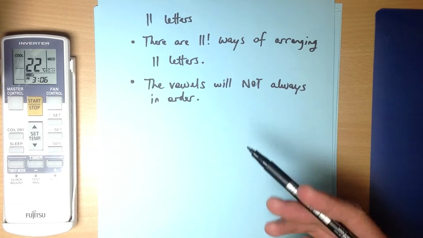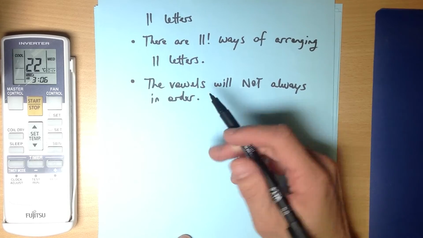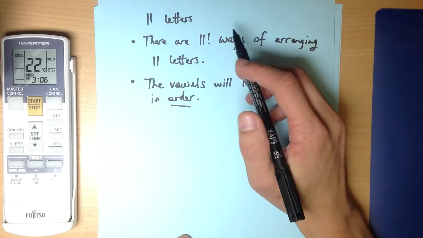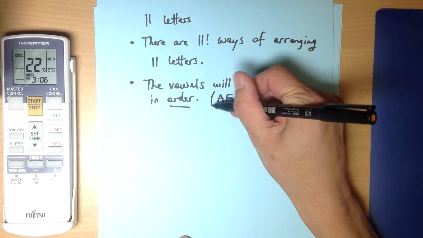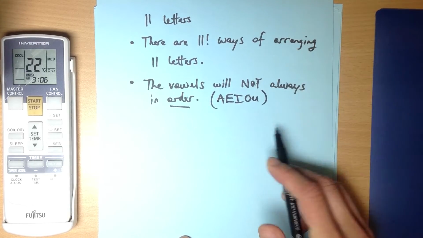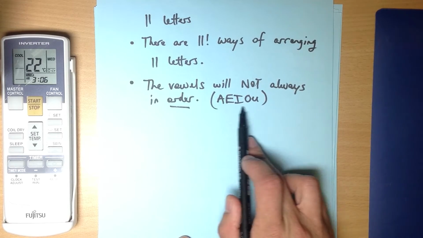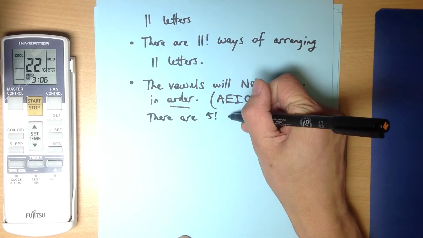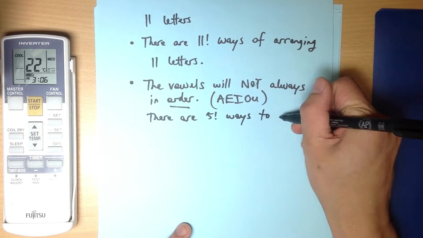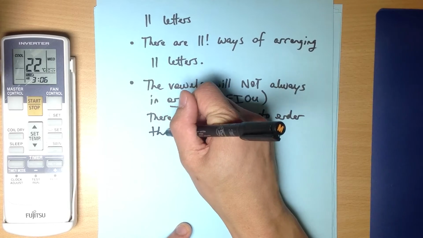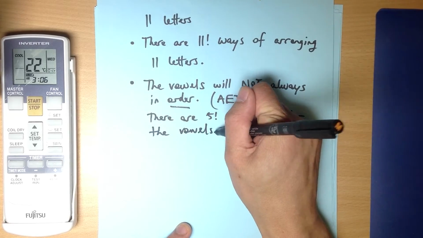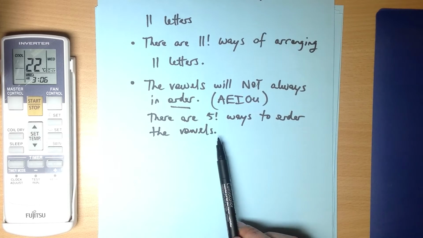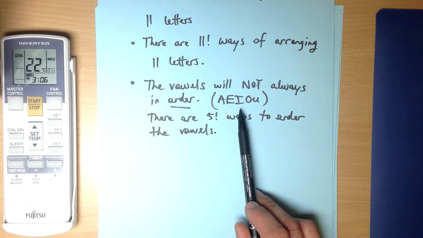To answer that, I want to think about how many different ways there are to order the vowels. Because there are 5 vowels, A, E, I, O, U, there are 5 factorial ways to order them. I think that's 120 off the top of my head. Out of those 5 factorial ways, how many am I interested in?